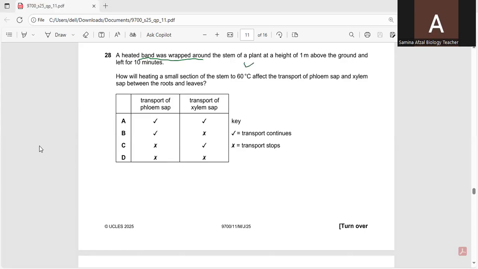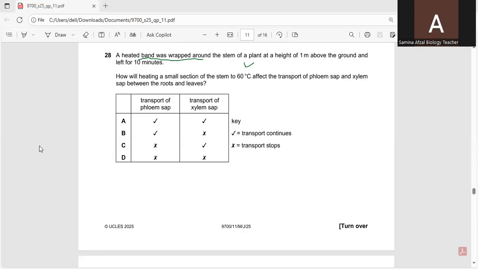affect the transport of phloem sap and xylem sap between the roots and leaves? 60 degrees centigrade is a very high temperature at which enzymes are denatured. In the previous MCQ I told you that the phloem sap is translocated by an active process in the living cells, specifically the companion cells, and involves enzymes.